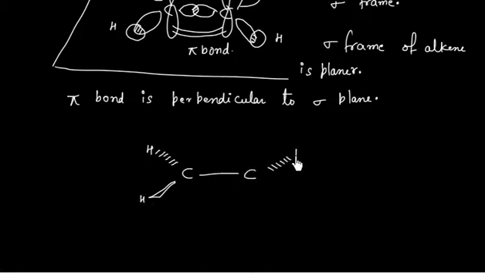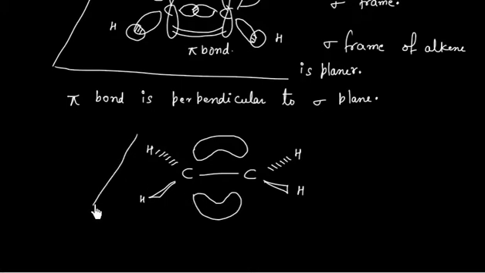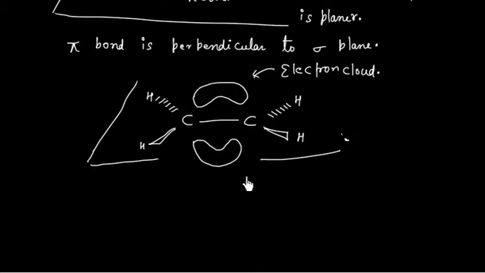Another bond inside, this bond outside, and we have electron cloud on the top of this plane and electron cloud on the bottom of this plane. This is the top electron cloud, and this is also electron cloud, that is the bottom of this plane.